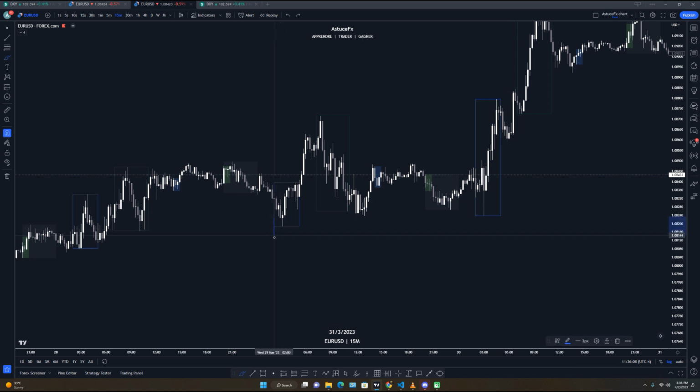You see, from 2 a.m. to 5 a.m. New York time, this is the London kill zone, and from 7 to 10 or 11, this is the New York kill zone. Yes, and we also have from 1 to 4 or 5, I don't know, that would be the PM session. So they have all those sessions, and inside the sessions, they also have a particular time that they want to see price hitting the zone or doing something.